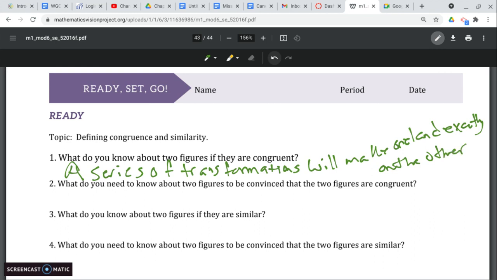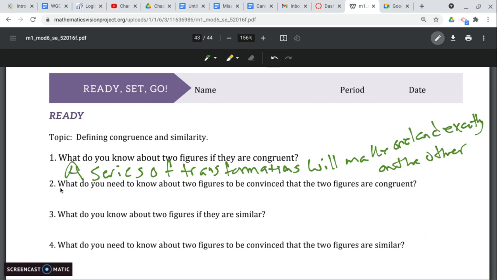So basically what that means is all the sides, all the angles, all of that has to be the exact same so that we could do rotations, reflections, translations to get from one image to the other so that when they're on top of each other, they are completely and utterly the same. So that is what congruence means.